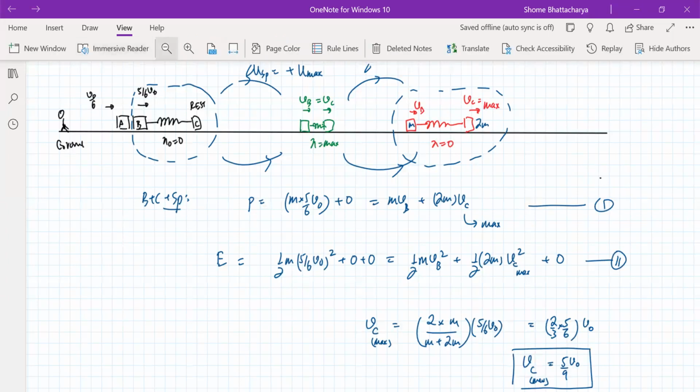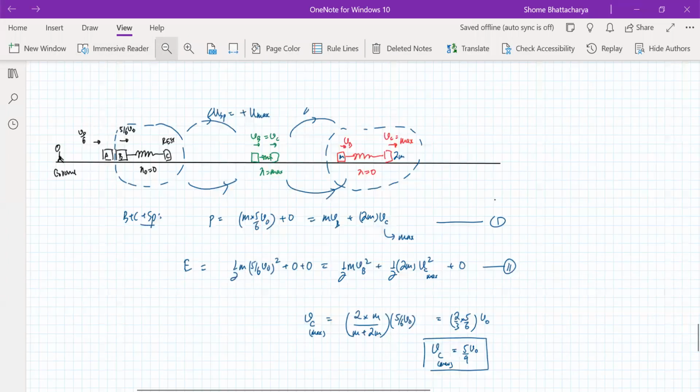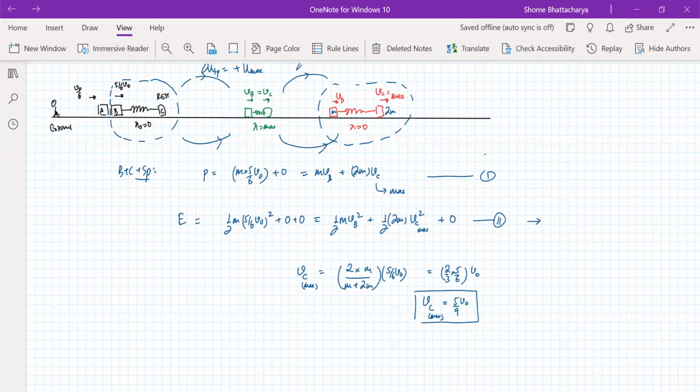Or another way we could do this is that, when we look at this equation, what we're getting is 25 by 36 v naught square is equal to VB square plus 2 times VC max square. And we have this equation, which is 5 by 6 v naught is equal to VB plus 2 VC.